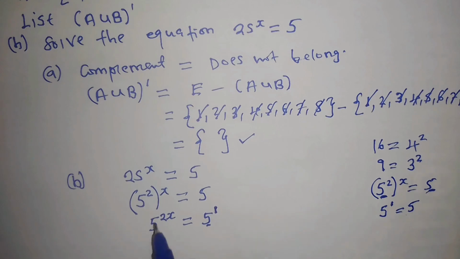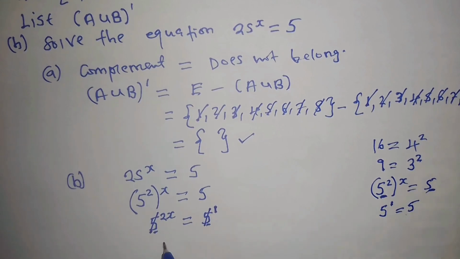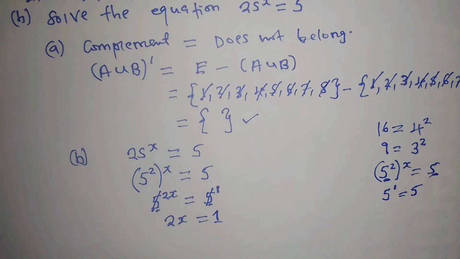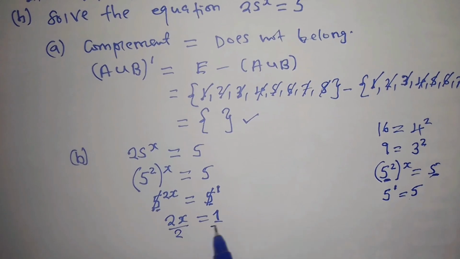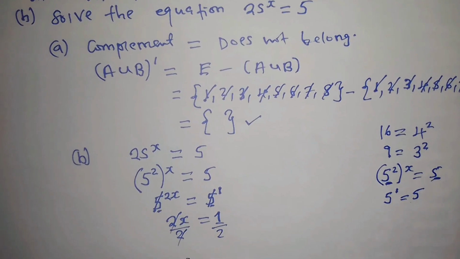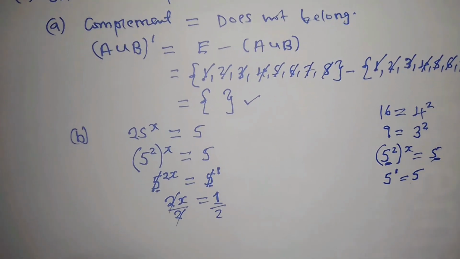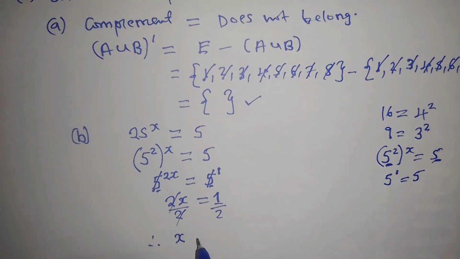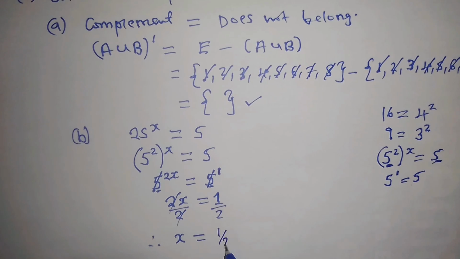Therefore, you cancel the bases and just get rid of that, and then we drop the powers as a linear equation. So from there, you can now divide both sides by 2, so that our x, therefore, x is equal to 1 over 2.